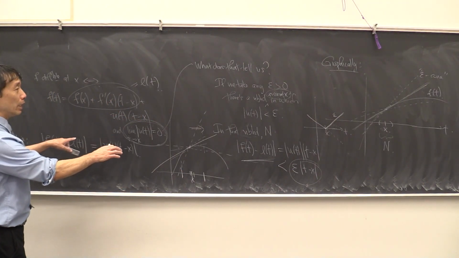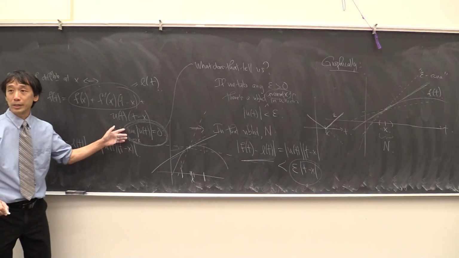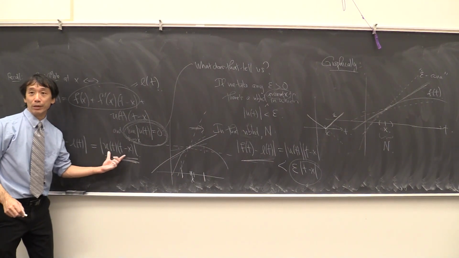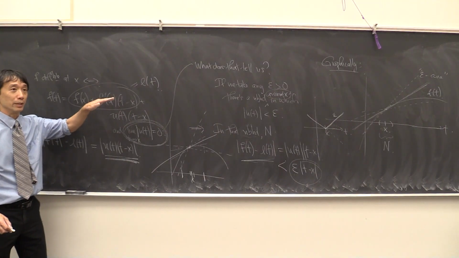That's really what's going on with this thing going to 0. This thing going to 0 is basically this cone bow tie condition.